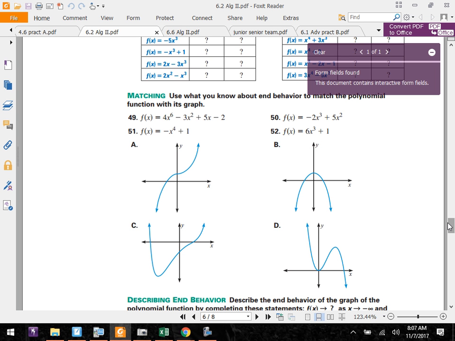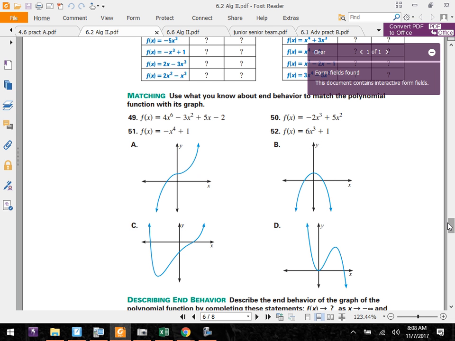How do you make your graph like that? All right, if you look at it, you've got 1, 2, 3 changes of direction. Well, it's not going to be this one, because see how it's negative, how your tails would be down, down. This one would probably be B. Yeah, it would have to be 49.